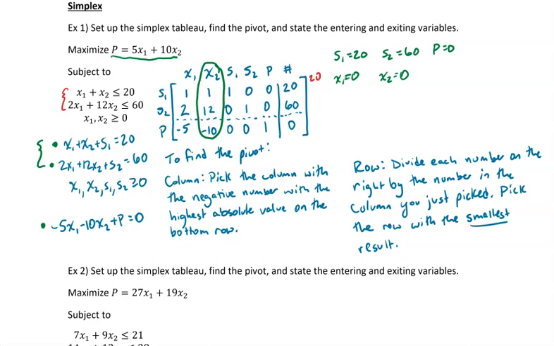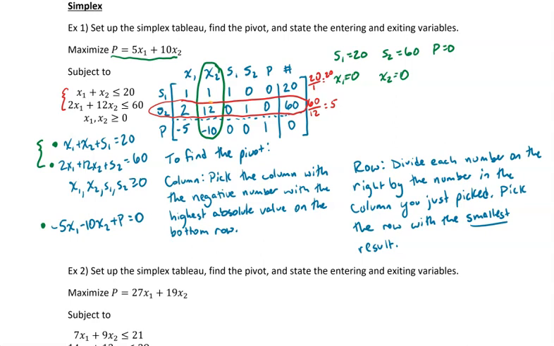So we're going to divide 20 by 1, get 20. We're going to divide 60 by 12 and get 5. 5 is the smaller one, so we're going to pick the second row.